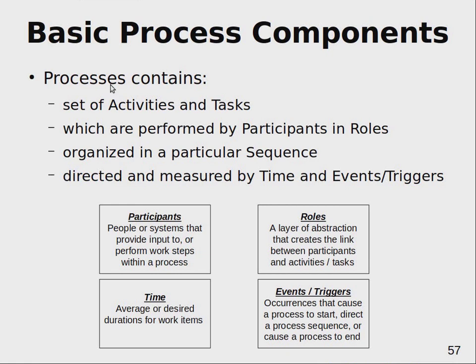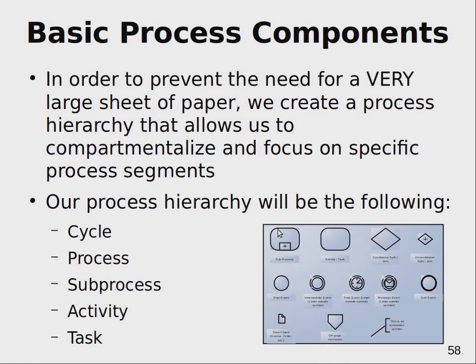So an activity is a container or aggregator of tasks, so it is a larger and more complicated object containing smaller objects. Then there are participants or roles, which in UML would be the stick men or actors. Then there is a particular sequence of events, and then there are different kinds of events and triggers. And here is the representation of these things.